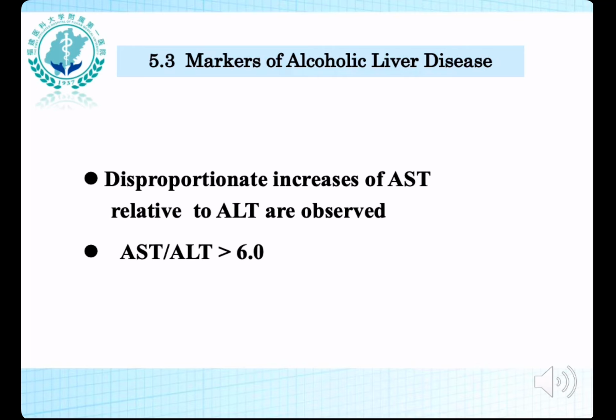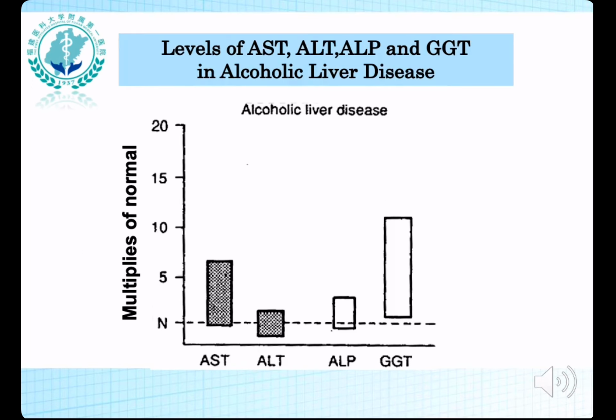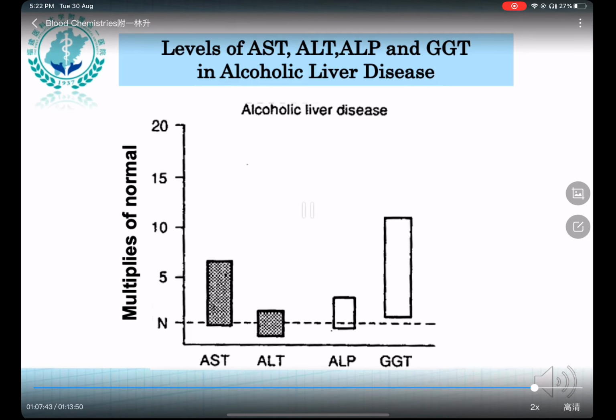And for alcoholic liver diseases, disproportionate increases of AST to ALT are observed. The De Ritis ratio is often more than 6. From this picture, we can easily find out that for alcoholic liver diseases, GGT and also AST are more specific than ALT and ALP, okay?